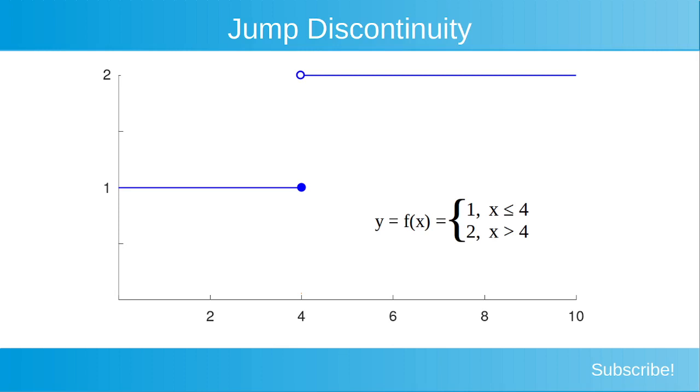And this function is defined and plotted on the closed interval from 0 to 10. At the point where x is equal to 4, there is the jump discontinuity. The value of our function immediately after x is equal to 4 is equal to 2. We could not draw this function with an unbroken line.